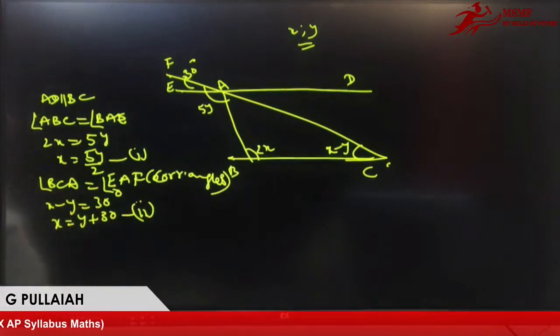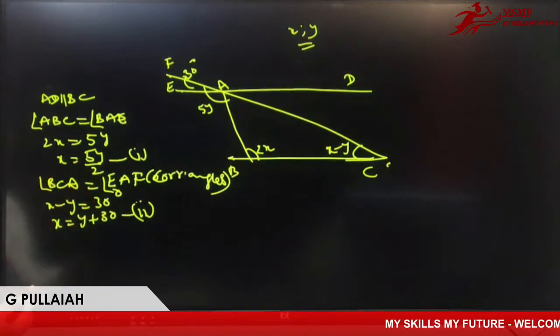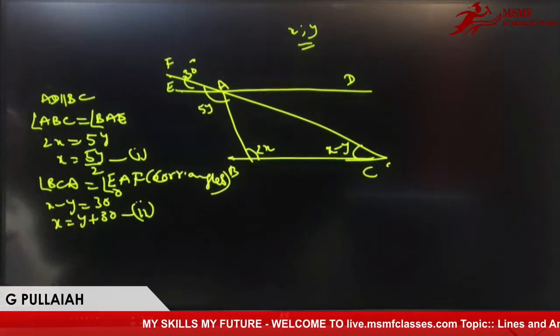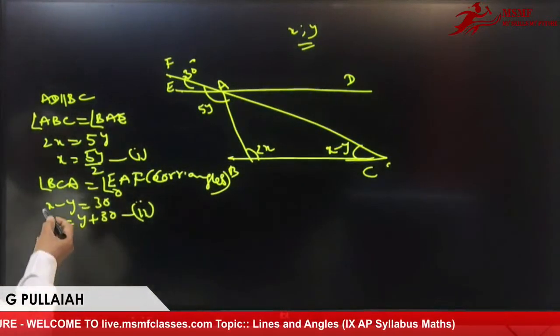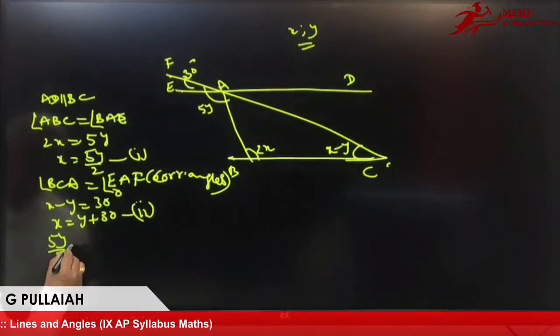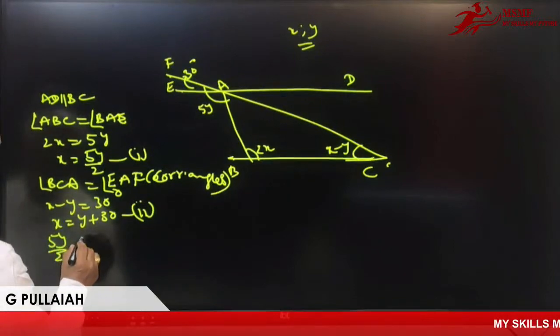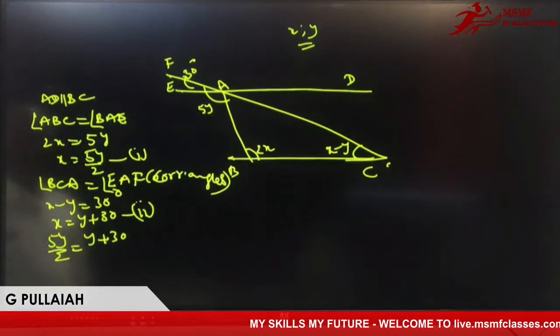Observe these two equations carefully. In the first equation, x is equal to 5y by 2. In the second equation, x is equal to y plus 30. Clear? So now here, by equalizing these two, 5y by 2 is equal to y plus 30.